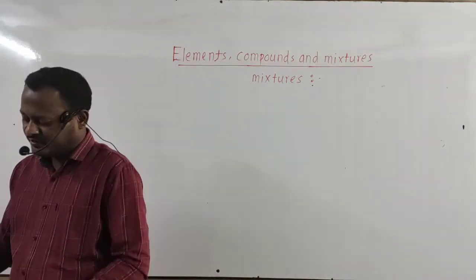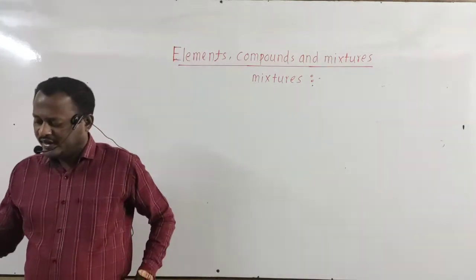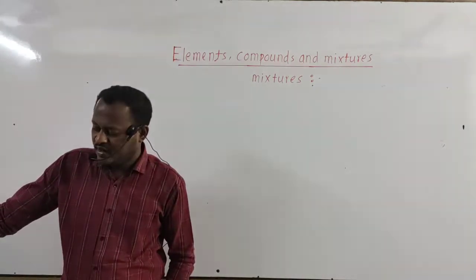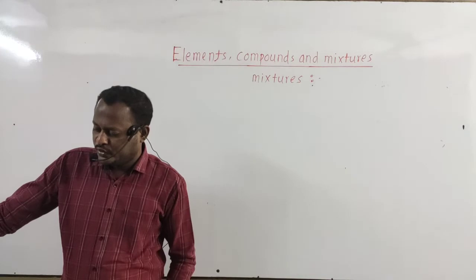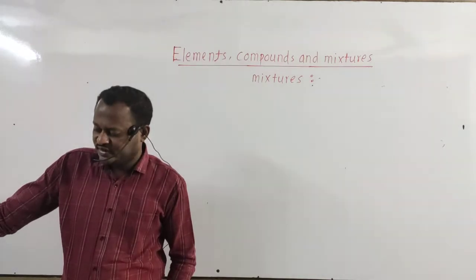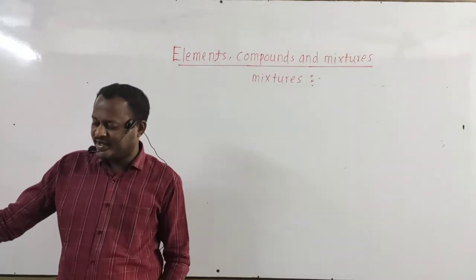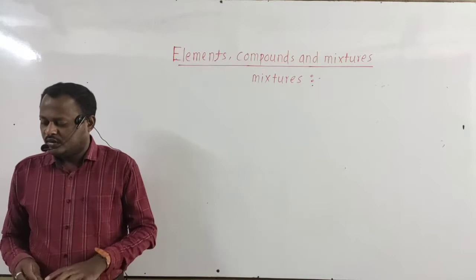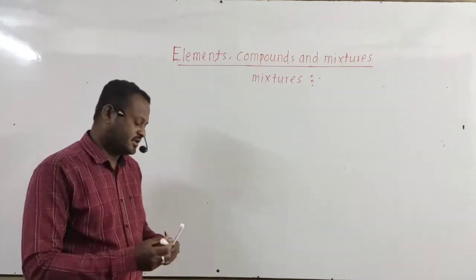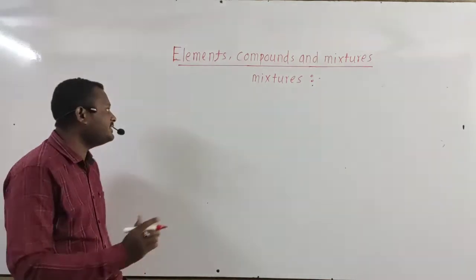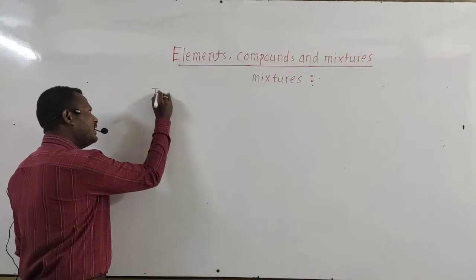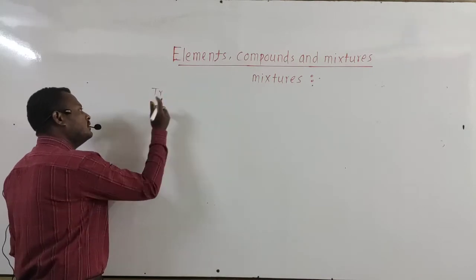So let us see about mixture. Prepare a sharbat. There are activities, you might have done those activities at your home. So let us see first, that is Try This, at home, not in school.